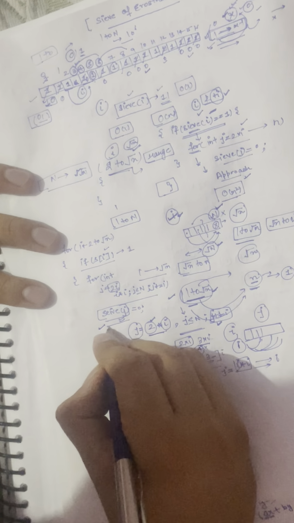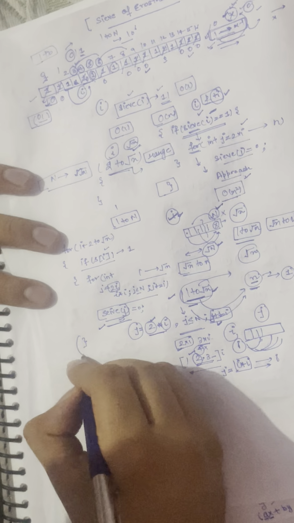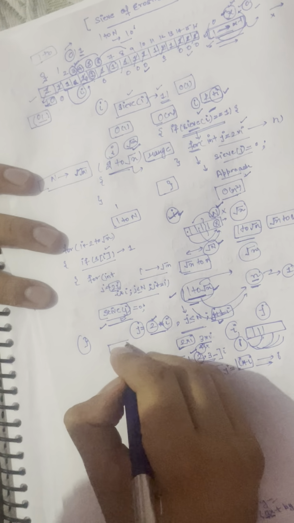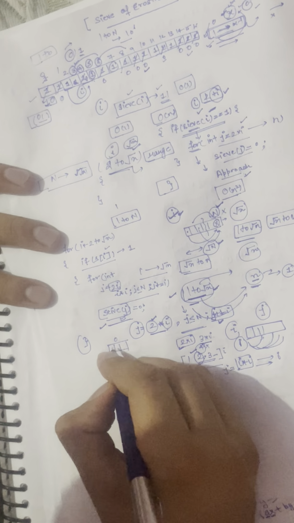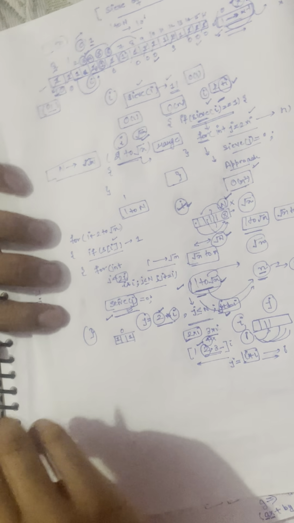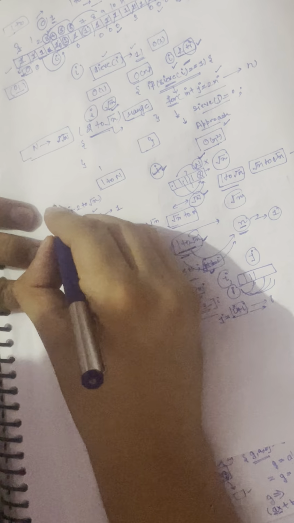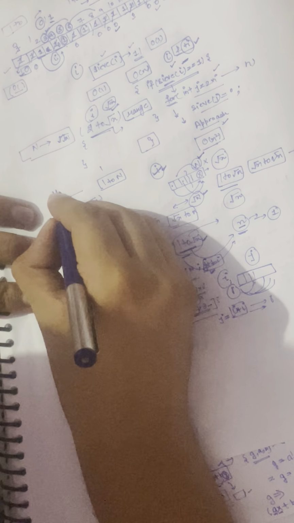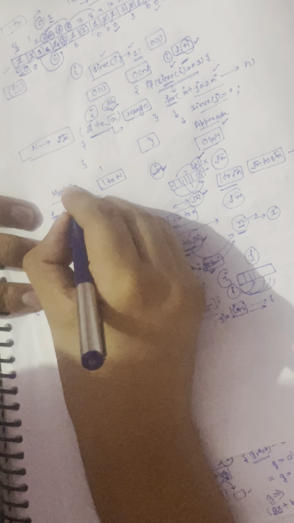By doing this, at the end all the non-prime numbers would be marked as 0 and the prime numbers would have the state 1. So this is the most optimized version of the sieve of Eratosthenes.